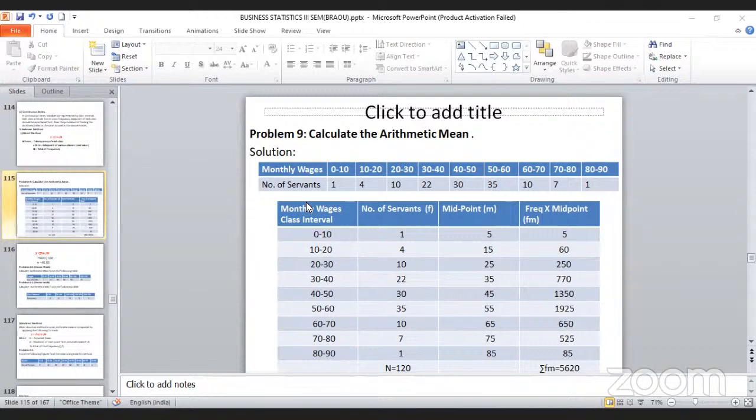Now we'll draw the table. These two will be the columns, and the total is 120, that is N. Understood?